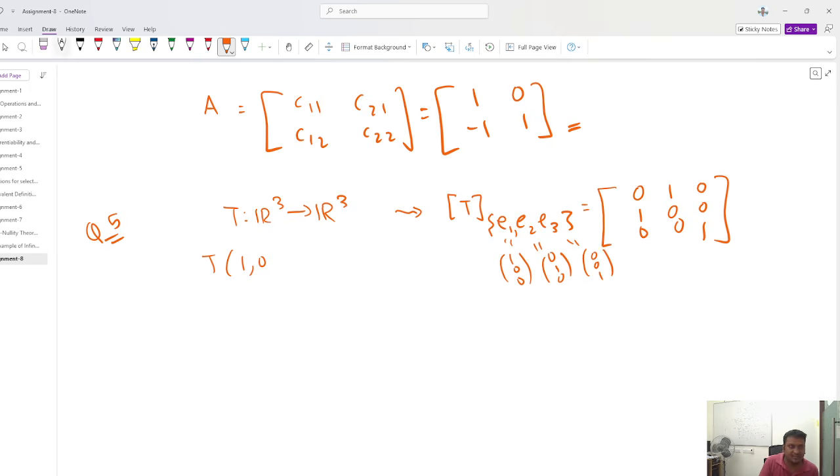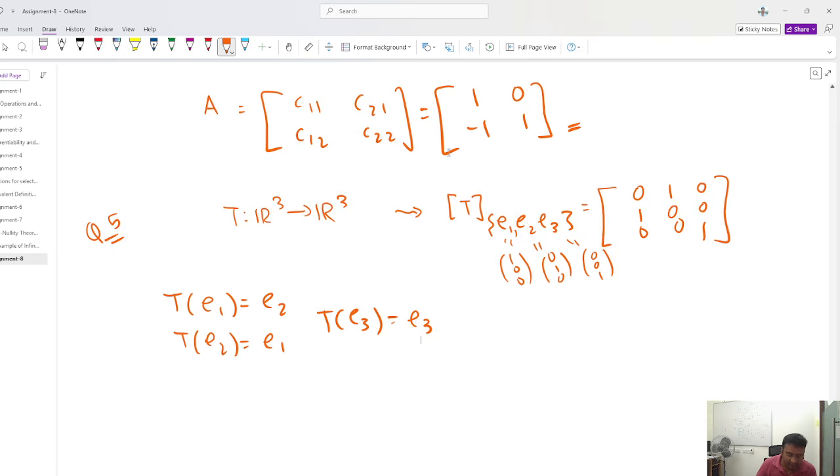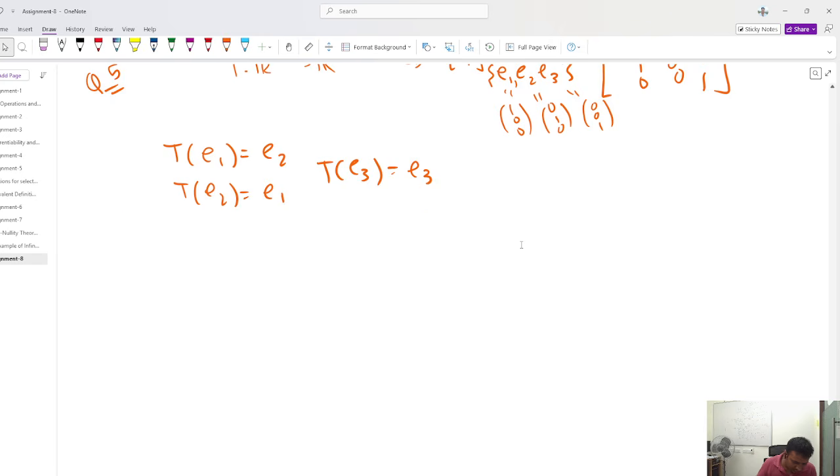So what you have given is effectively, once you have learned the definition of the matrix of a linear transformation, T of E1 is E2, T of E2 is E1, and T of E3 is, oh wow, E3 only. Now what you have to do is find the matrix of this linear transformation with a weird basis.